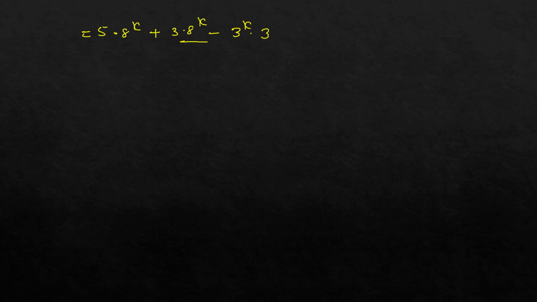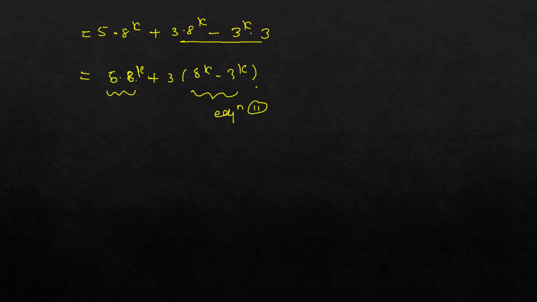Now from the last two terms, take 3 as a common term. So here we get 5 into 8 raised to k, then plus 3 as a common term, here we get 8 raised to k minus 3 raised to k. Now from equation 2, this term is multiple or divisible by 5, and 5 into 8 raised to k is a multiple of what? 5.